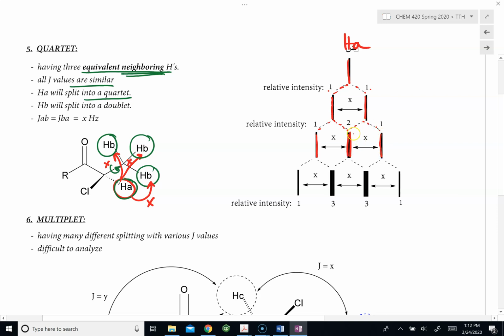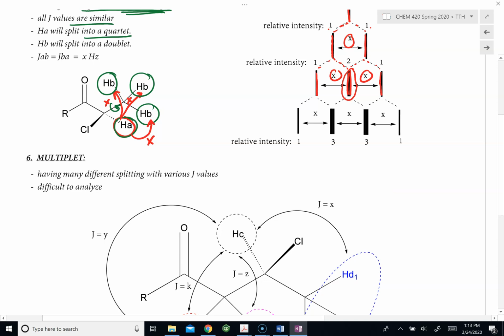And in this case, there is an overlapping in the middle because the two J values are the same. So the signal would only overlap if the J values are the same. And when this HA communicates with the third hydrogen, the resultant signal will get split up one more time. So here one goes in here, one goes in here. And now when this signal gets split, two go over here and two come over here.